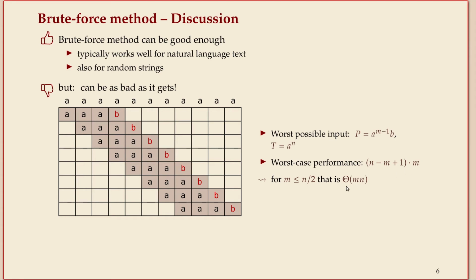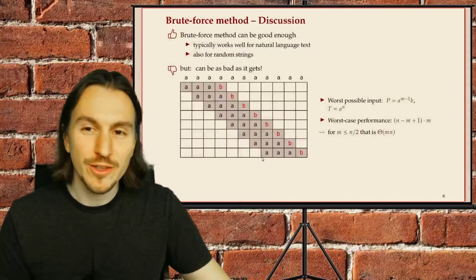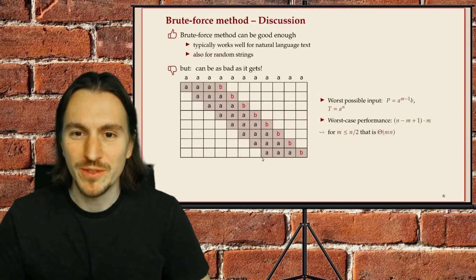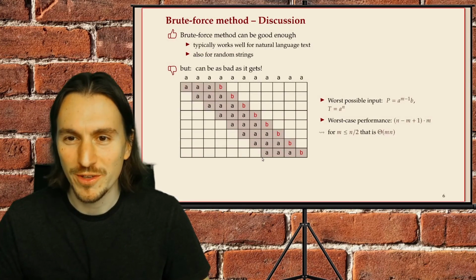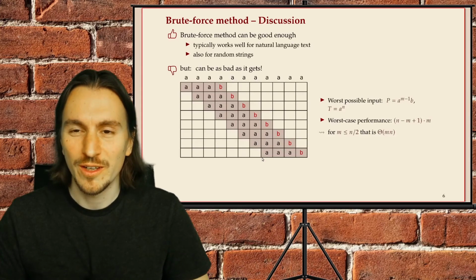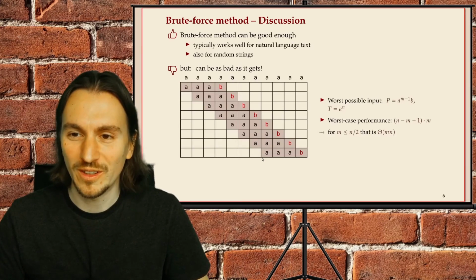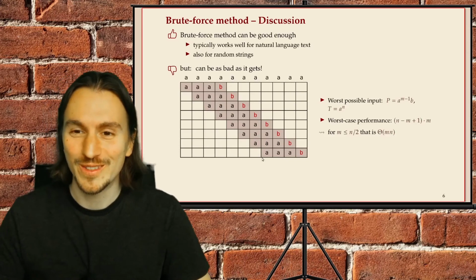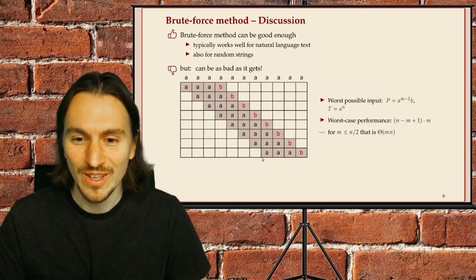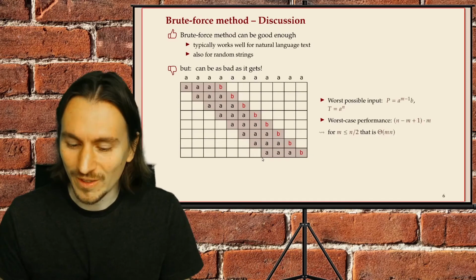And so in this case, you do get essentially the worst case bound of n times m for the brute force method. So if there's a chance that this is what happens in your application, the brute force method is not good enough. And if you need strong guarantees about what can possibly go wrong, because maybe the user supplies the text and pattern that you're searching, then the brute force method just doesn't cut it.